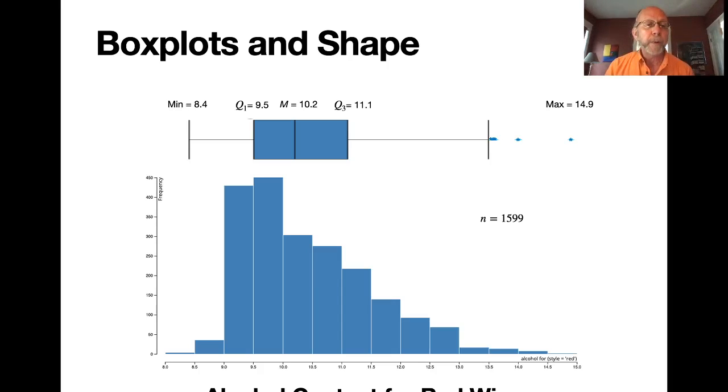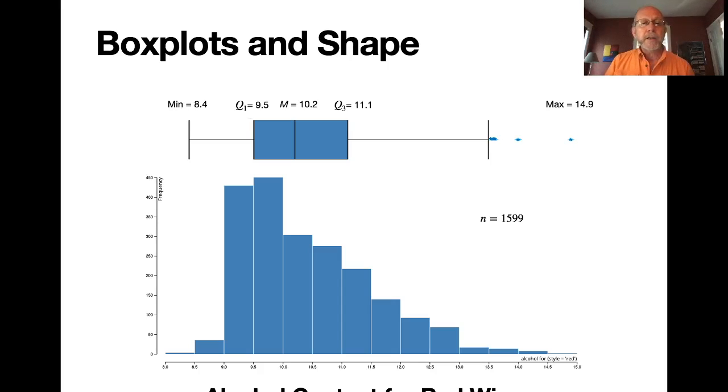Also, if you look at just the box itself, the right-hand side of the box, the portion between the median at 10.2 and the third quartile at 11.1 is a little bigger than the portion between Q1 and the median. So the right half of the box is a little stretched out, and that's again an indication of the right skew of the data.